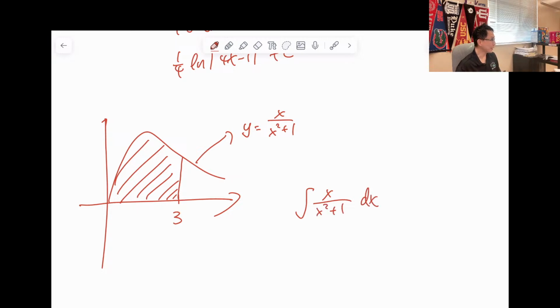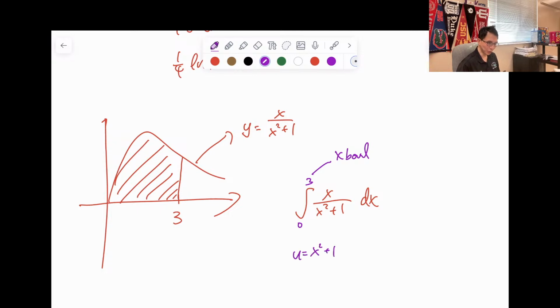So I need an integral. But what else do I need to do? There's a boundary, right? 0 to 3. Make sure that this is the x bound. If you do a u substitution, you must make sure to use the u bound. Does that make sense? u equals x squared plus 1. What is du?